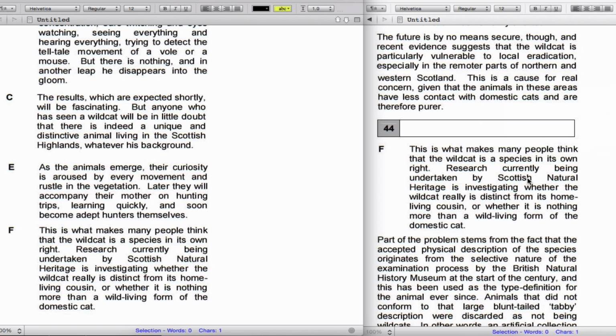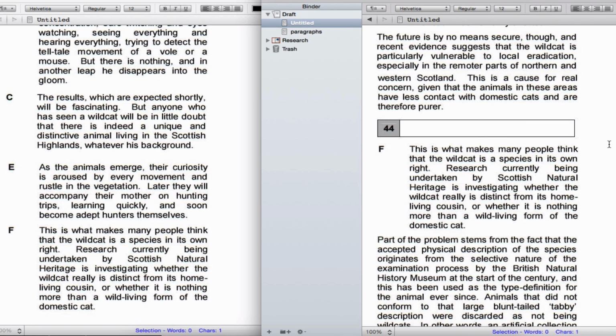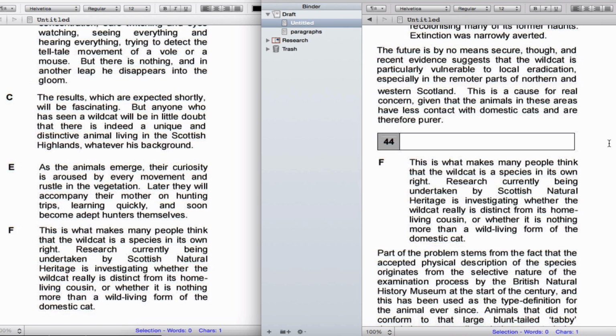So this is what makes many people think that the wildcat is a species in its own right. Maybe because it doesn't have this contact with domestic cats, it's purer than the general cat population, therefore it is a species.